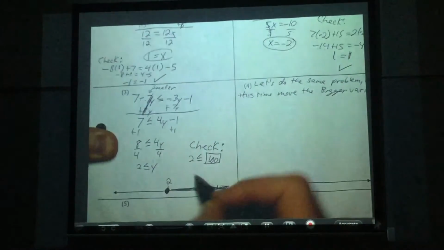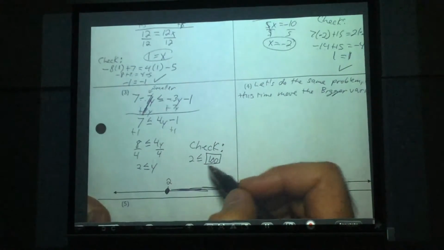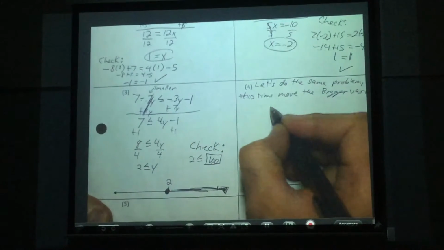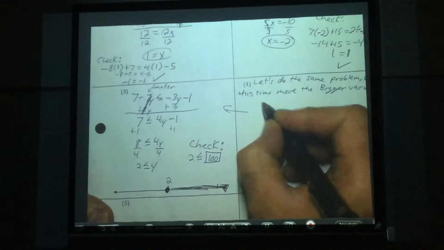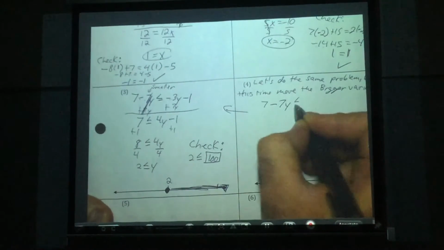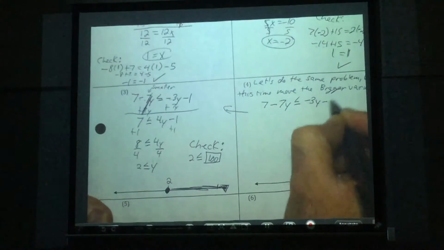I'm going to show you why it's better to move the smaller variable by showing you what happens when you move the bigger variable. So again, I'm going to write the same as what I had here: 7 minus 7y is less than or equal to -3y minus 1.